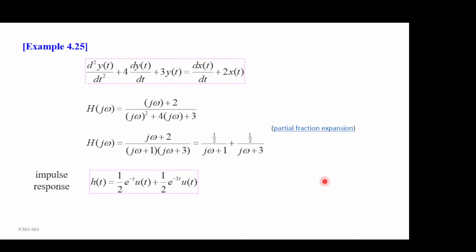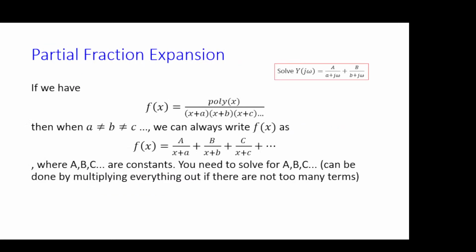And okay, let's see, can I click this? Okay, yeah, so once again this is a partial fraction expansion. You have a polynomial over another polynomial, and you want to write it as a linear combination of simpler terms.